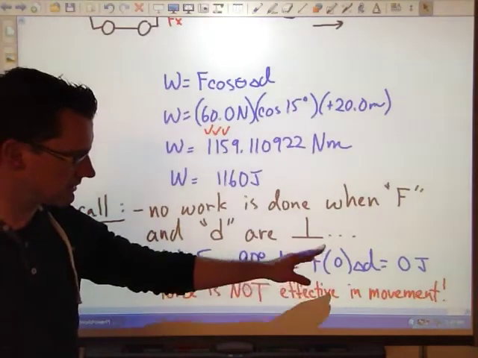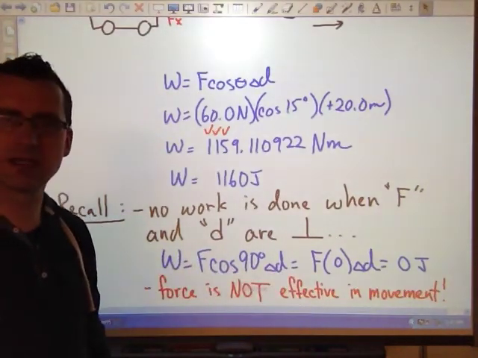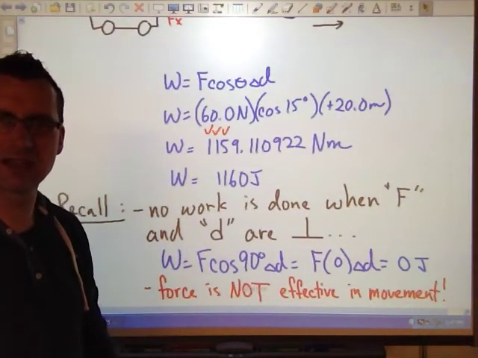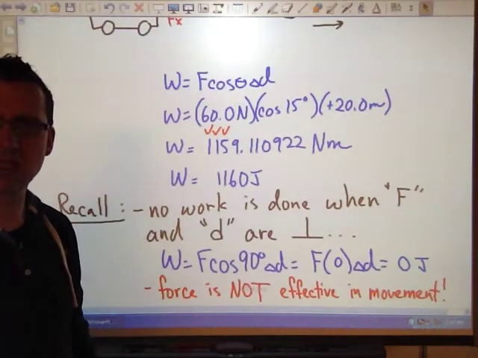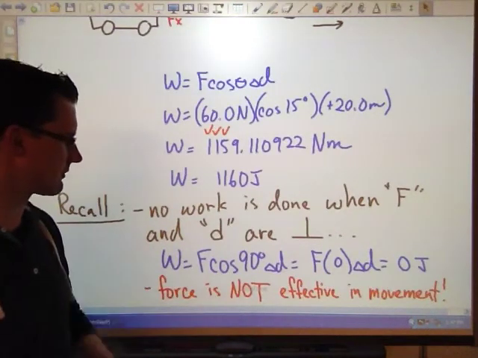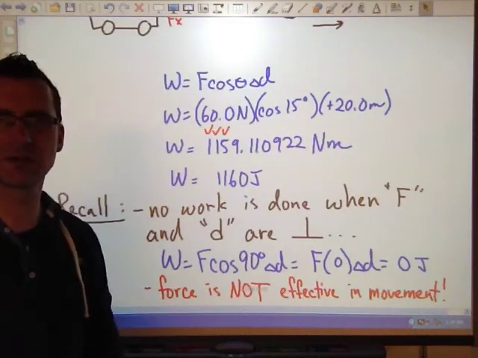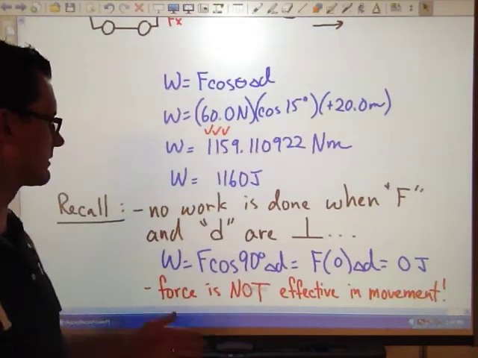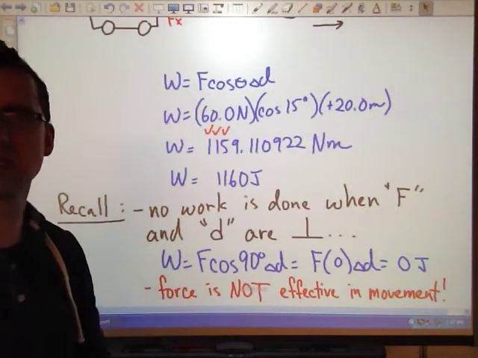So we would get 0 multiplied by all those other variables, and 0 joules. And it makes sense, because that force is not doing anything in moving that object perpendicular. So we could say the force is not effective in the movement, therefore it's 0. Or mathematically it works out: cos of 90 is 0.